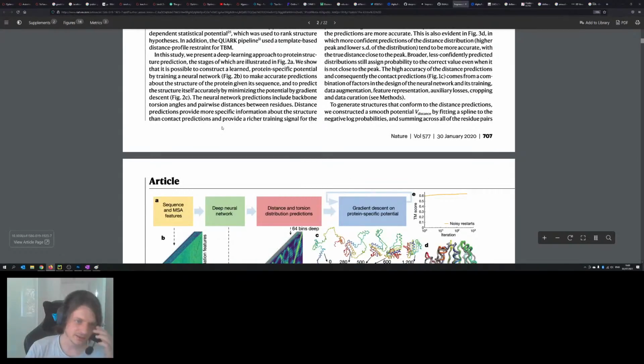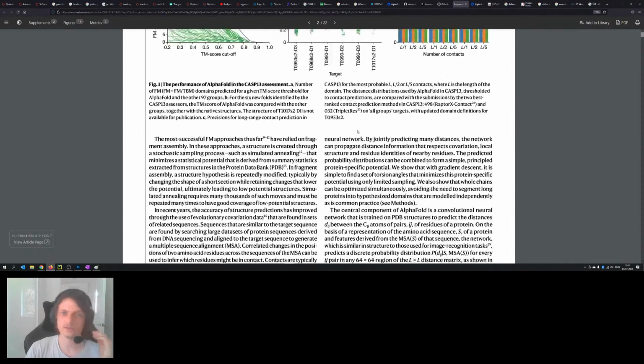So rather than knowing whether they contact, it's the distance between them, and they can get a much better structure output.